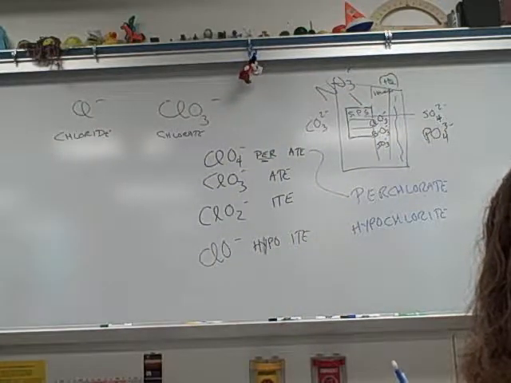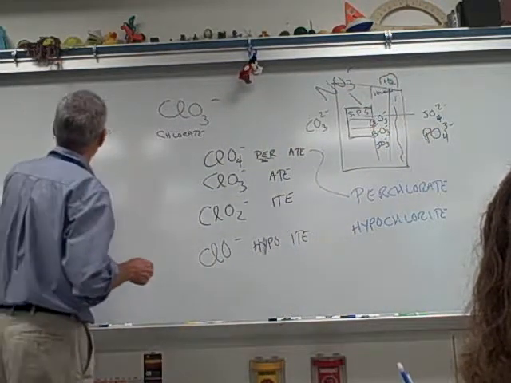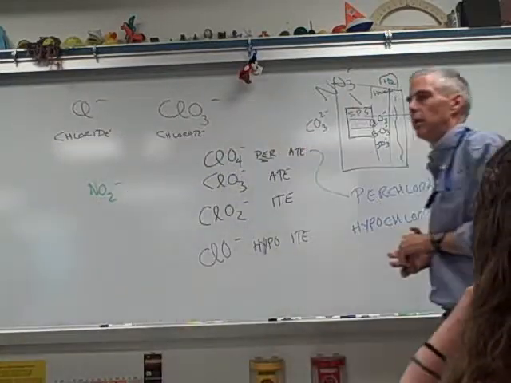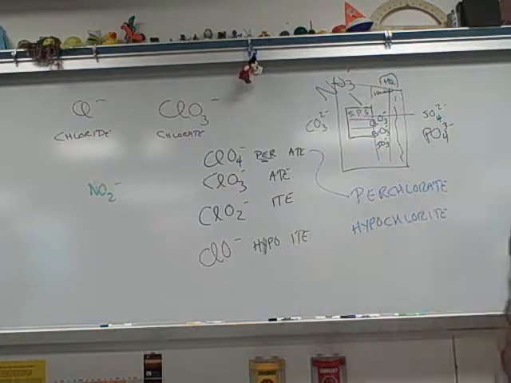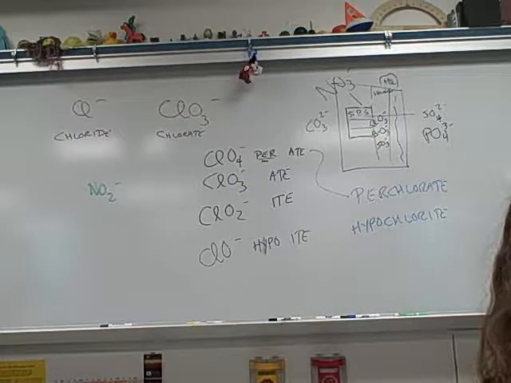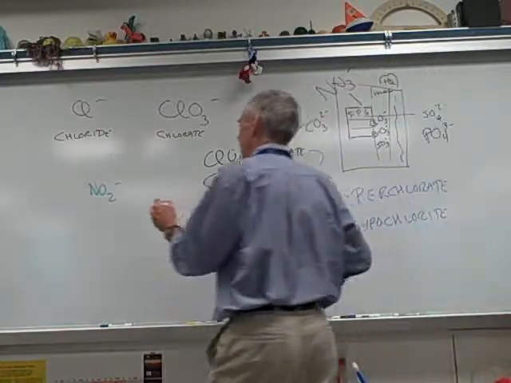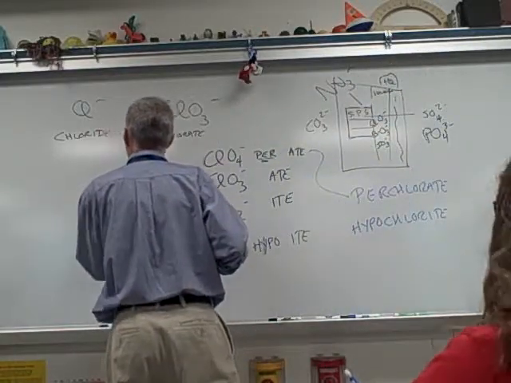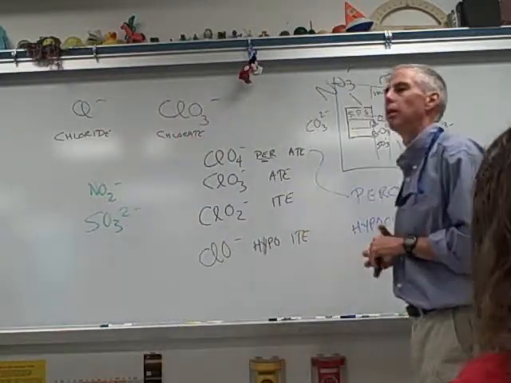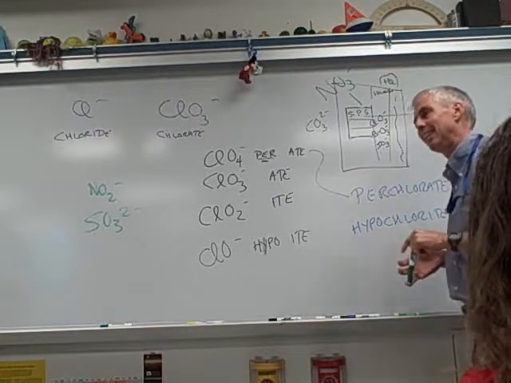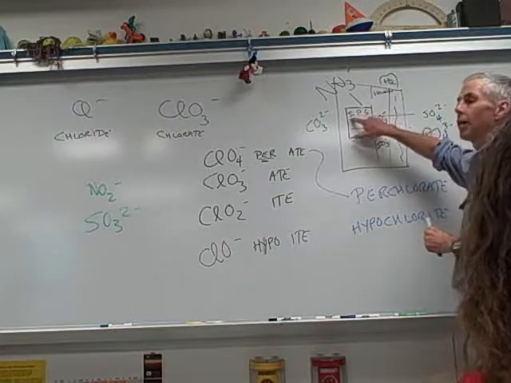So, please try the following. What if I asked you NO2 minus? What's its name? Nitrite. Okay. What if I said SO3 2 minus? Sulfite. Because remember, it's in the box.